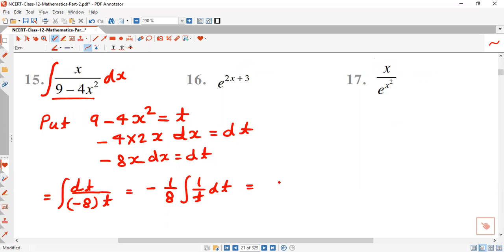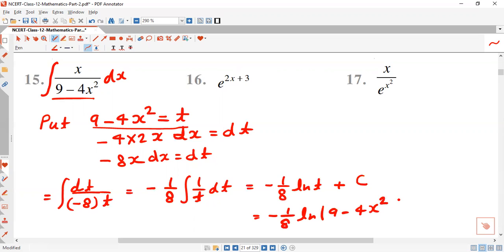This can be written as minus 1 upon 8 log t plus some constant C. Put the value of t here, t equal to 9 minus 4x square. So in terms of log, minus 1 upon 8 log of mod 9 minus 4x square, plus this constant C.